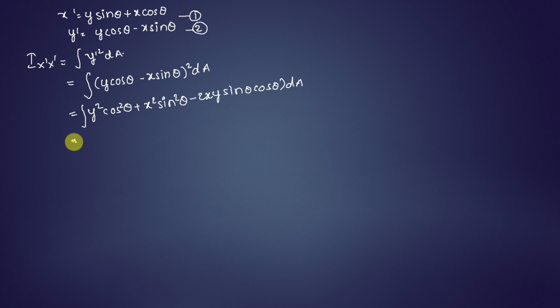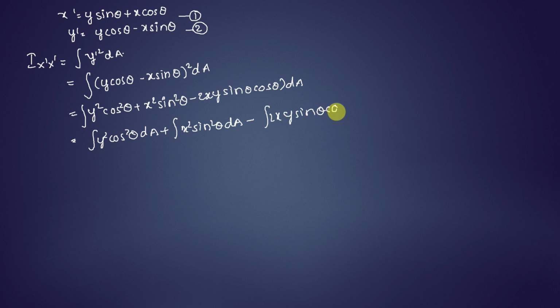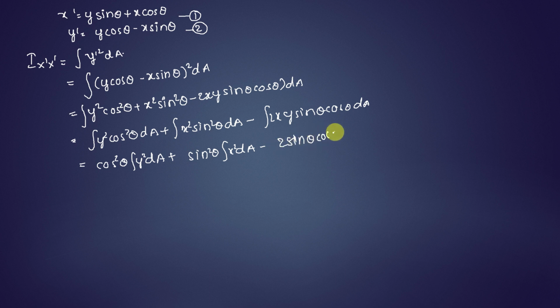So let us separate the terms. Let me write it as integral y square cos square theta dA plus integral x square sine square theta dA minus integral 2xy sine theta cos theta dA. And let us take out the constants: cos square theta into integral y square dA plus sine square theta into integral x square dA minus 2 sine theta cos theta into integral xy dA.